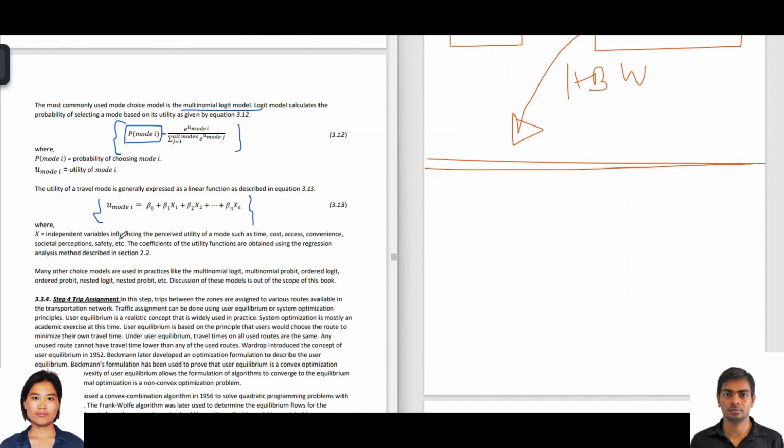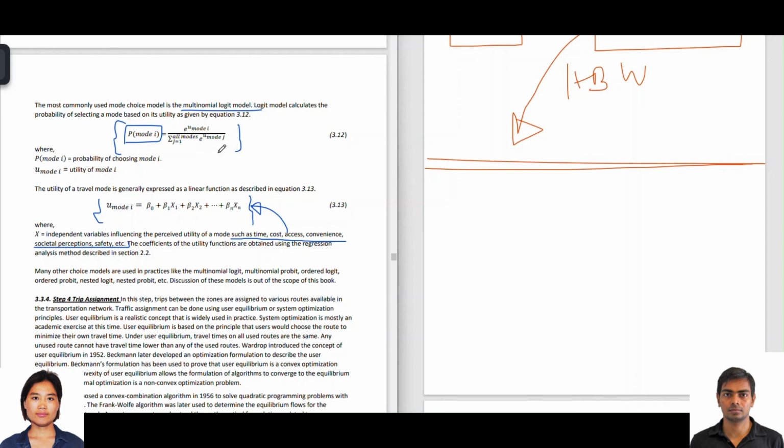So x is the independent variables influencing the choice, and these are dependent variables. Influencing factors can include time, cost, access, convenience, societal perception, safety, etc. All these variables go towards the utility of a mode, which is then fed to the multinomial logit model in most of the TDM models.